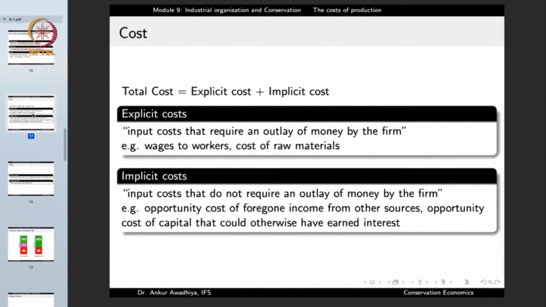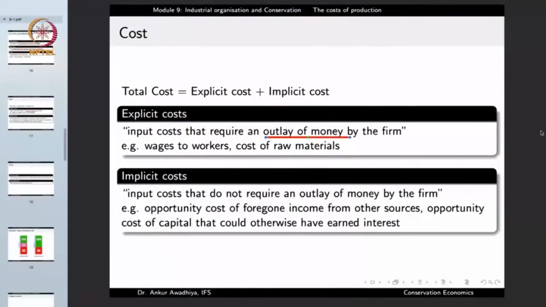Now, when we talk about costs, there are explicit costs and implicit costs. Explicit costs are input costs that require an outlay of money by the firm, such as wages to workers and cost of raw materials. So we are asking the question, what are the inputs for which the firm is paying money?